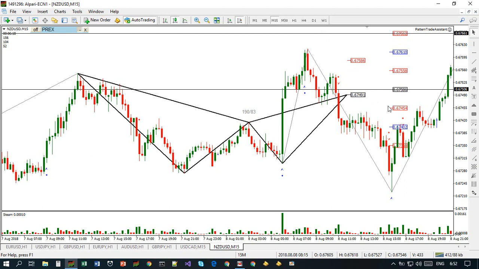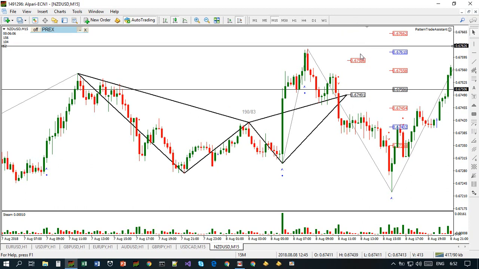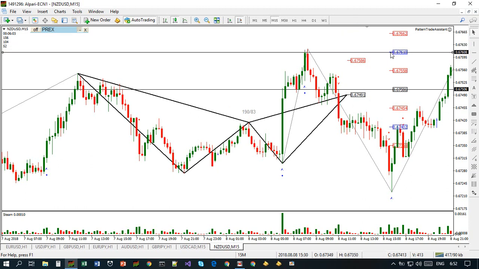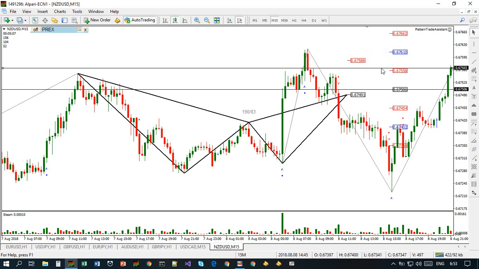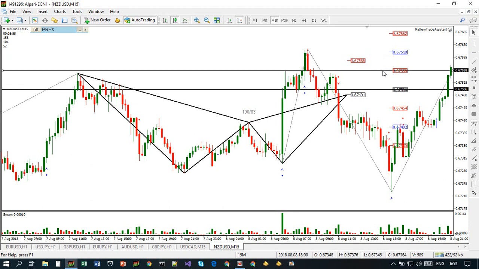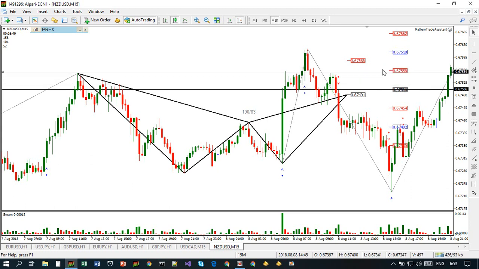But when it starts moving in my direction, when it goes 1 ATR in my direction, I cut my loss by 1 ATR, like this. If it moves 1 ATR more, I cut my loss more. You see that? And if it moves 1 ATR more, 3 ATRs, I move it to break even.